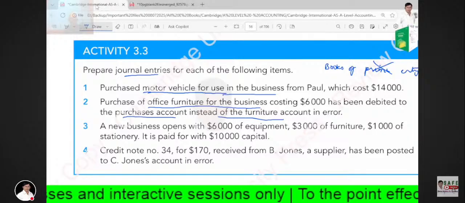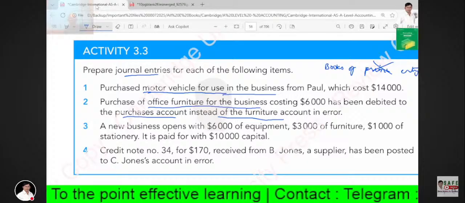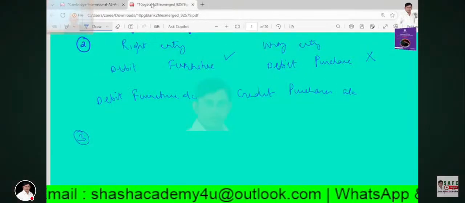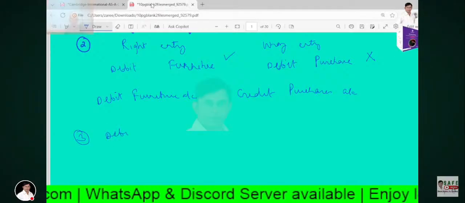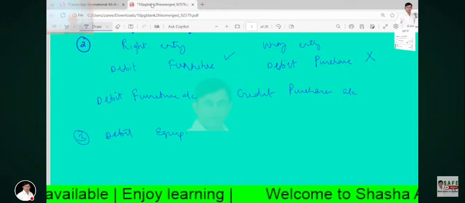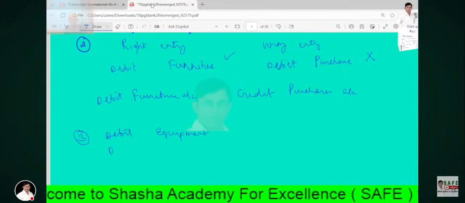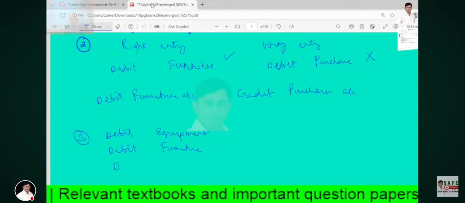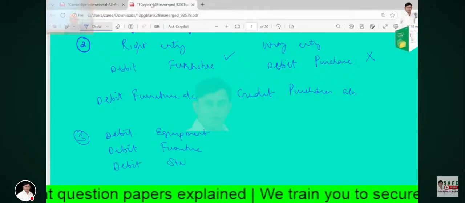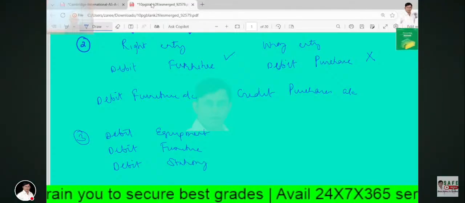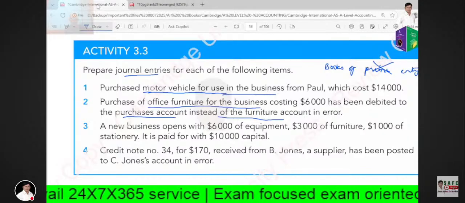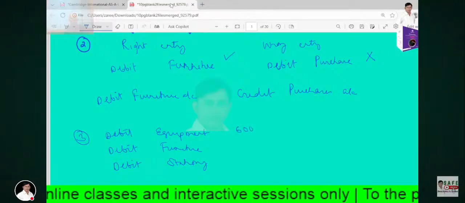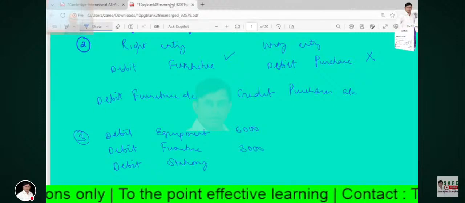So debit equipment 6,000, debit furniture 3,000, debit stationery 1,000.